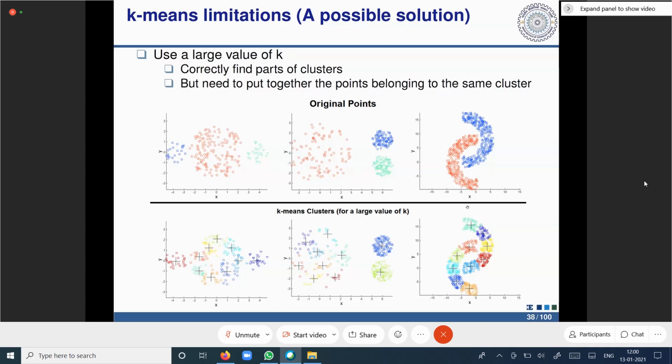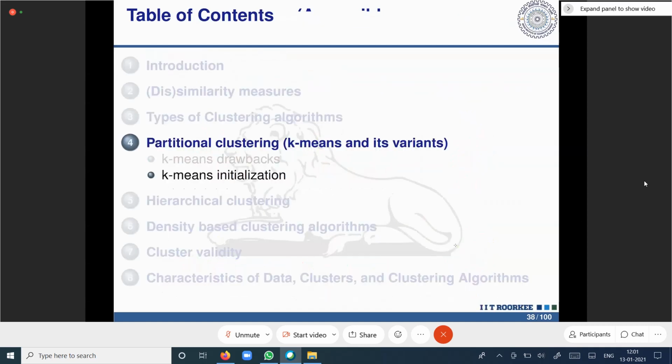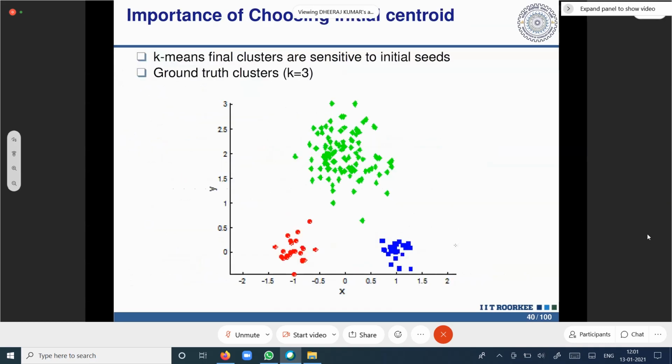Or here, if we increase the number of clusters, then we'll get these two separate and then several clusters within it, which need to be merged later. Similarly here, we can increase the number of clusters and we get 5 clusters in this crescent and 5 in this, and then we need to merge them later. So this is one way, but not a very efficient one.